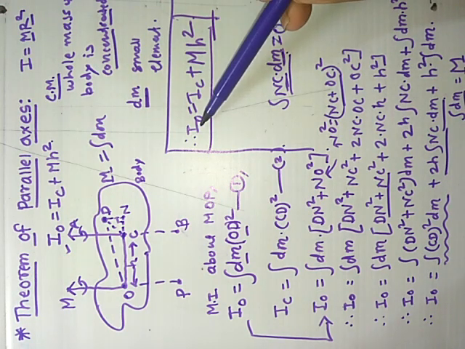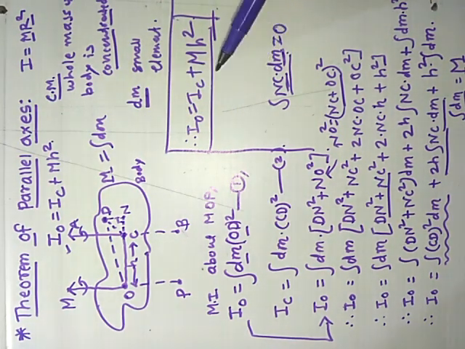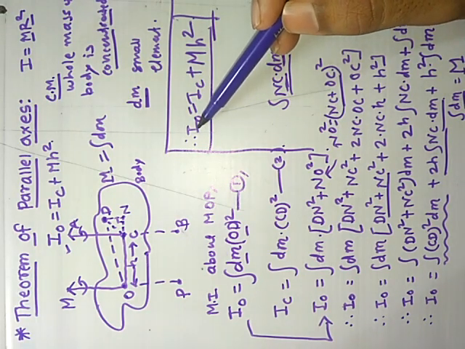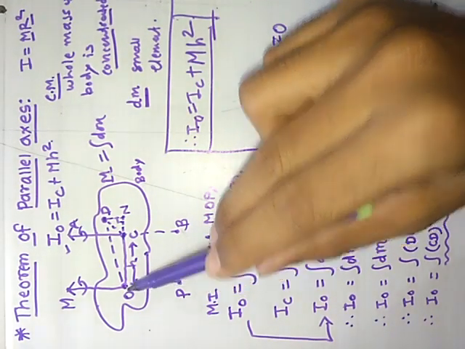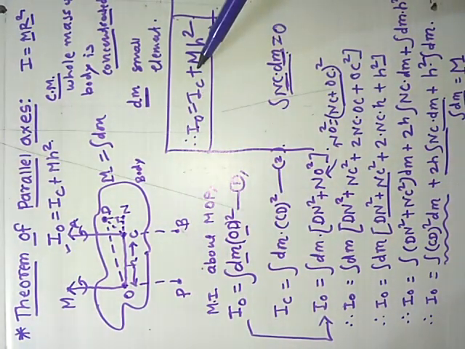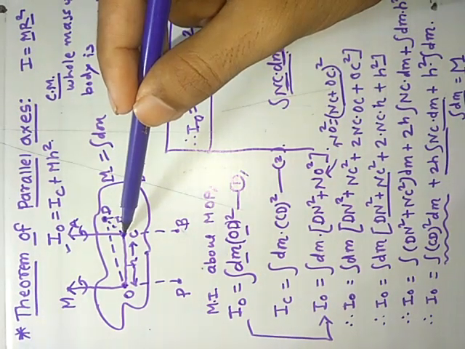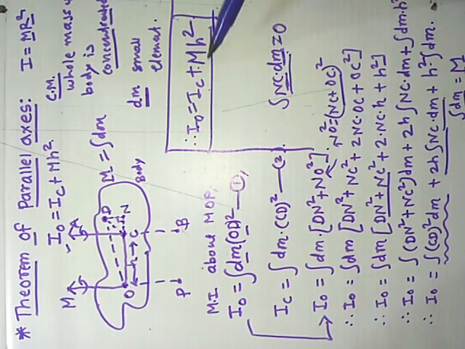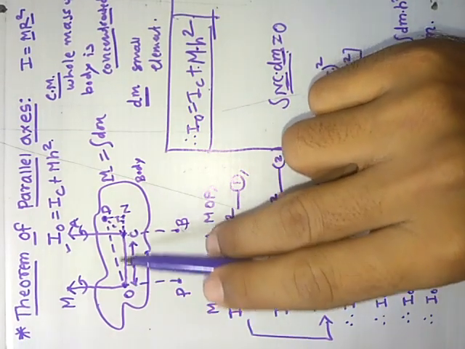The parallel axis theorem for a rigid body rotating about axis of rotation is the moment of inertia of a body about any axis, which is passing through point O, is equal to summation of the moment of inertia of that body about an axis passing through the point C, that is passing through center of mass point, and product of mass of that body and square of perpendicular distance between two parallel axes.